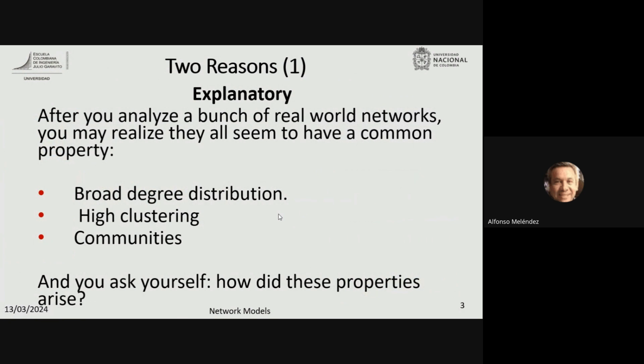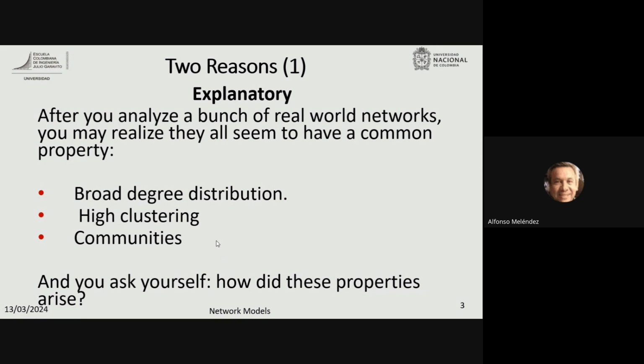Let me talk about two reasons why network models are important. The first is explanatory. After you analyze a bunch of real-world networks, you may realize they all seem to have common properties: degree distribution, high clustering, communities, and you ask yourself, how did these properties arise?